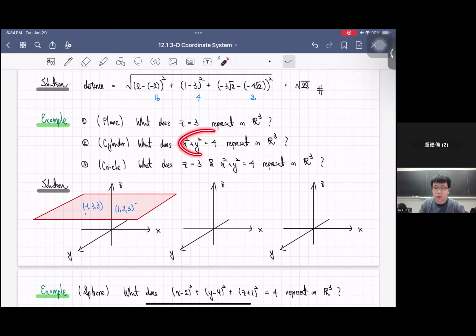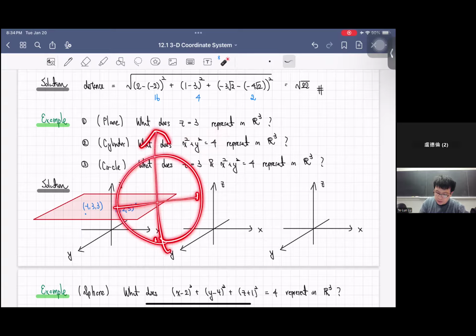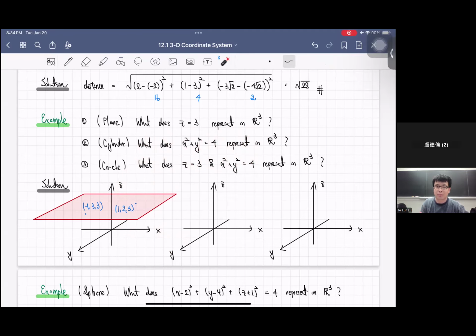Okay. Now, what is x squared plus y squared equals 4? We know that in two-dimensional coordinates, this means all points with distance 2 from the origin, meaning you are dealing with a circle, right? But in three-dimensional space, this constraint does not restrict the z value.